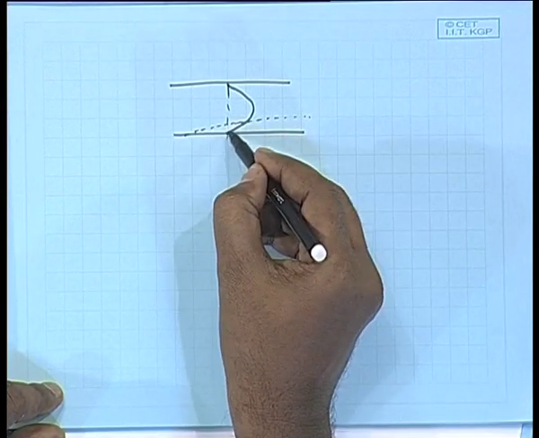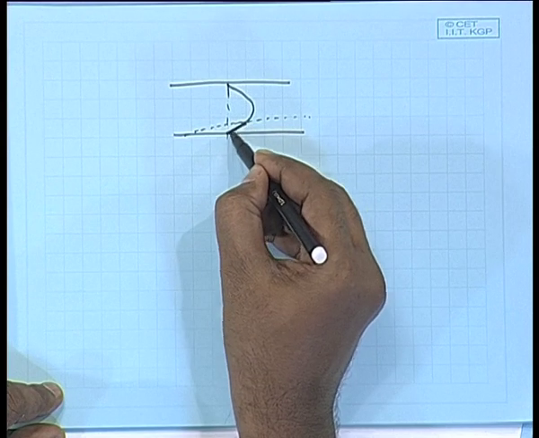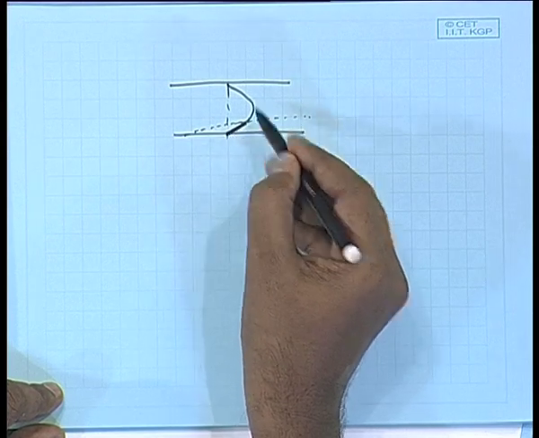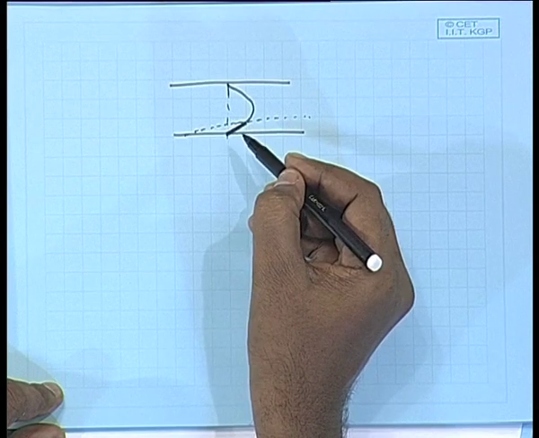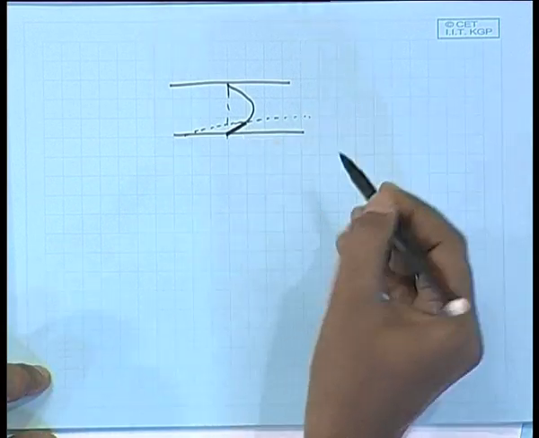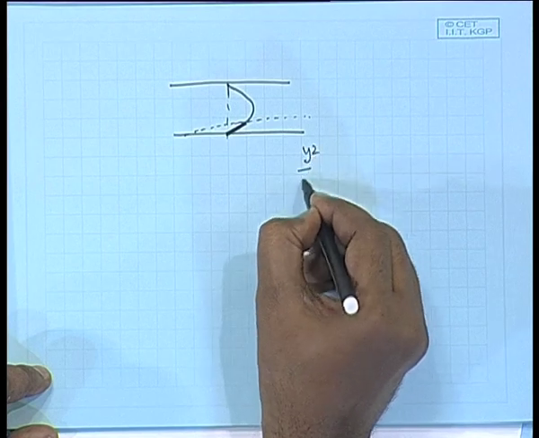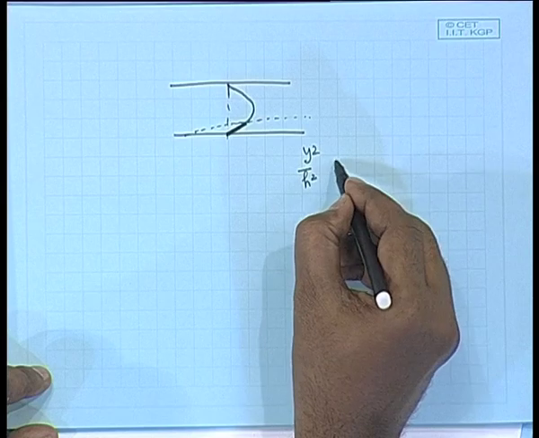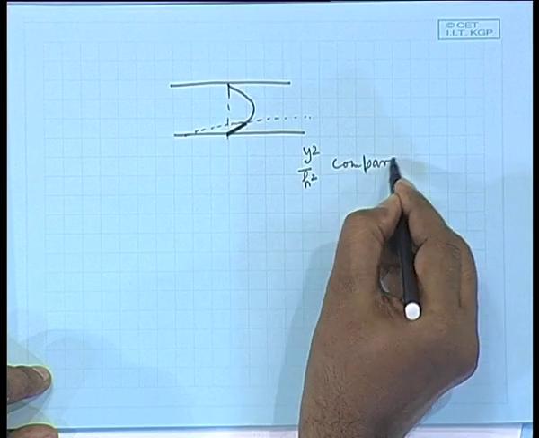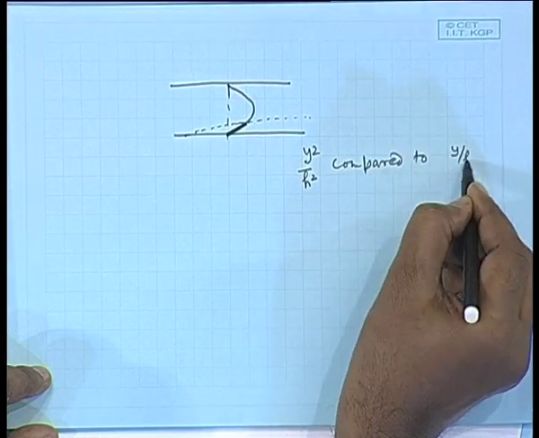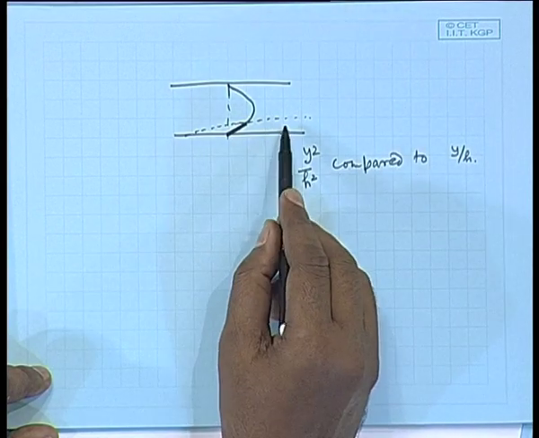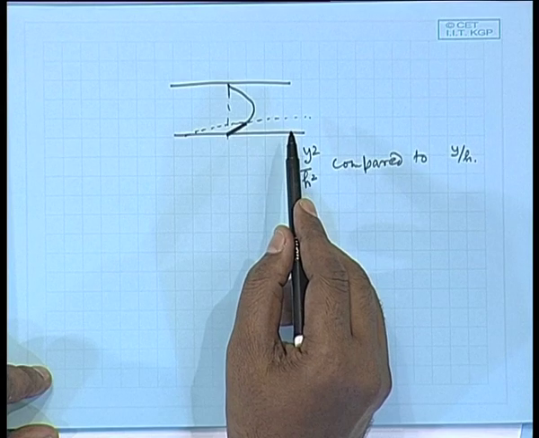That means, the velocity profile you are considering will be basically the linear portion of this parabolic profile. In other words, the term y square by h square within this concentration boundary layer will be extremely small compared to y by h, because of the thinness of this concentration boundary layer.